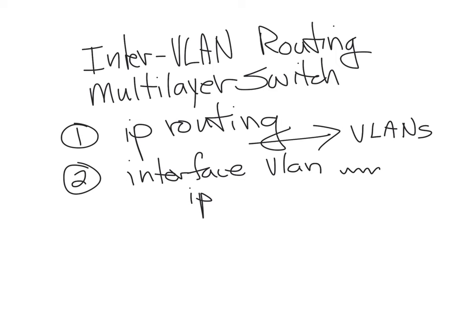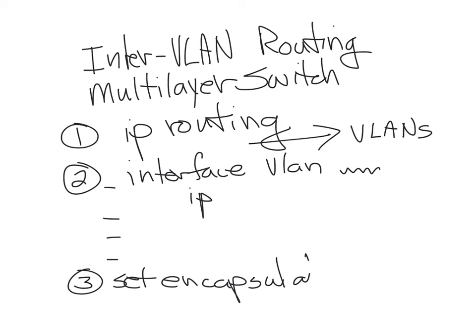And you can do that for all your VLANs. And really, it will route between them as long as you have that set up. And then remember, there might be a little extra work to set encapsulation if you are trunking to another switch. Alright, that is it for this week.